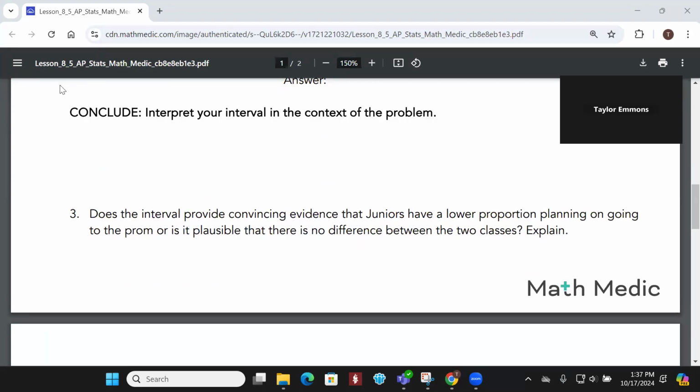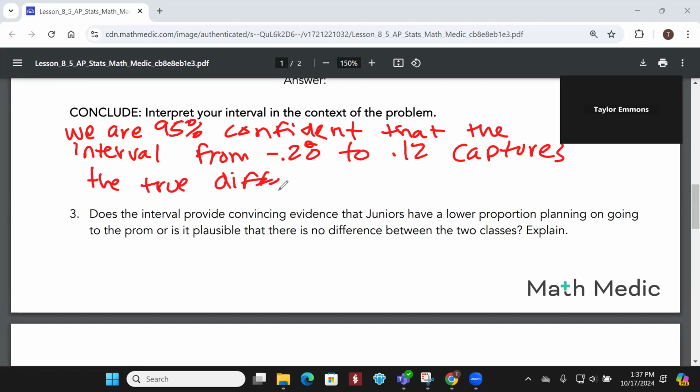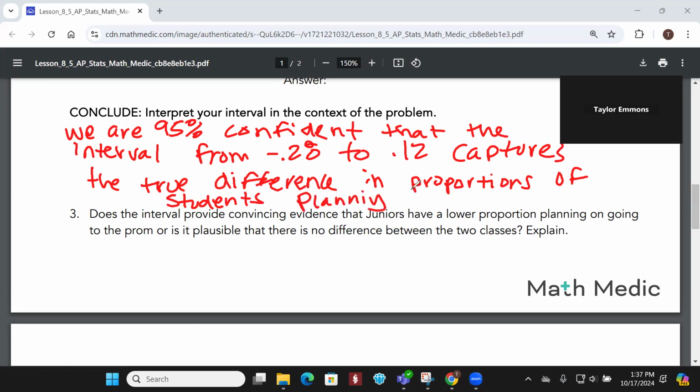Interpreting your interval, you're going to say that we are 95% confident that the interval from negative 0.28 to 0.12 captures the true difference in proportions of students planning to attend the prom.